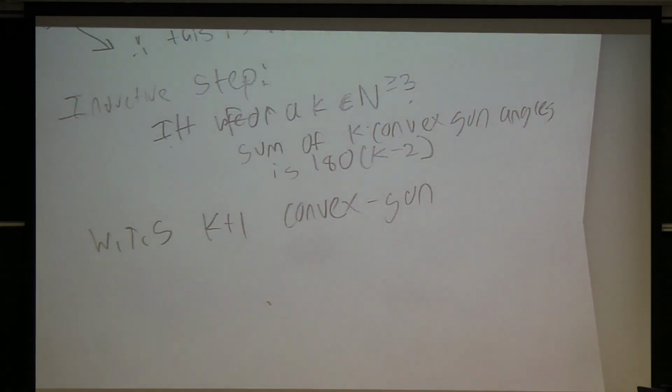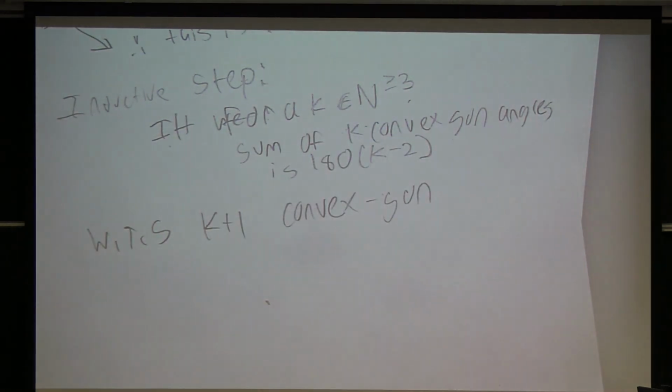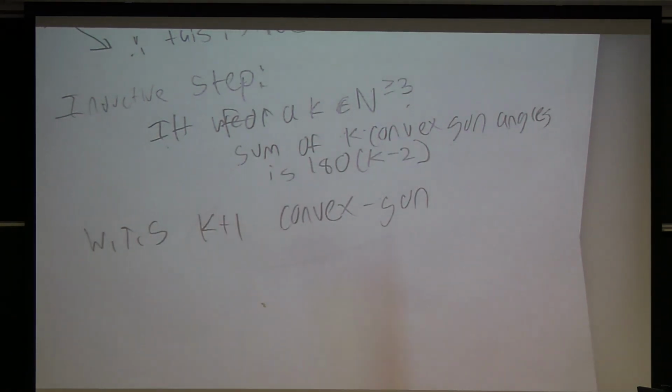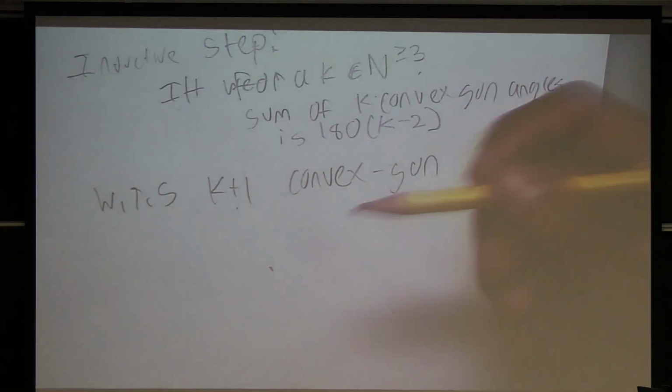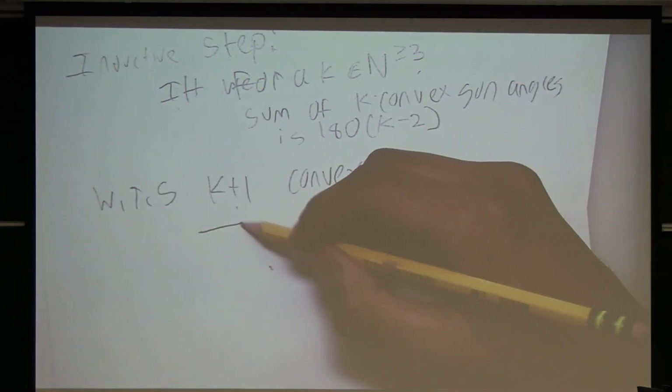Now, forming a relationship between the induction hypothesis and the inductive step with the k plus 1 side shape and the k side shape is not an easy thing to think of. So the trick here is that let's assume we have a k plus 1 convex gon.